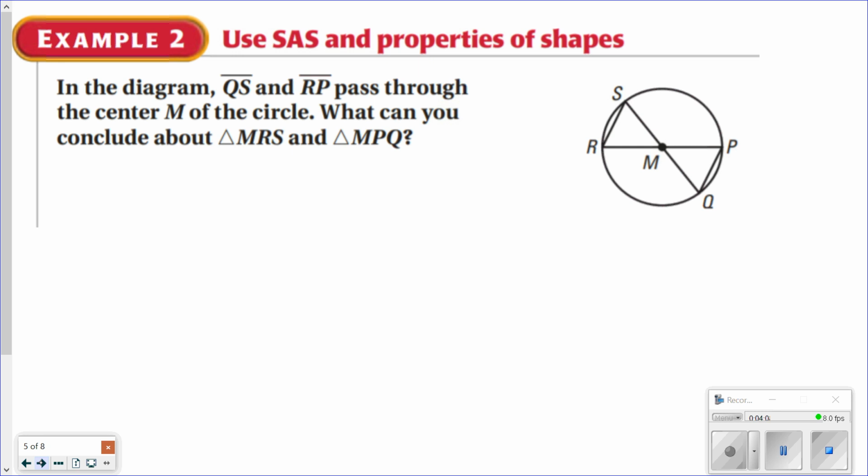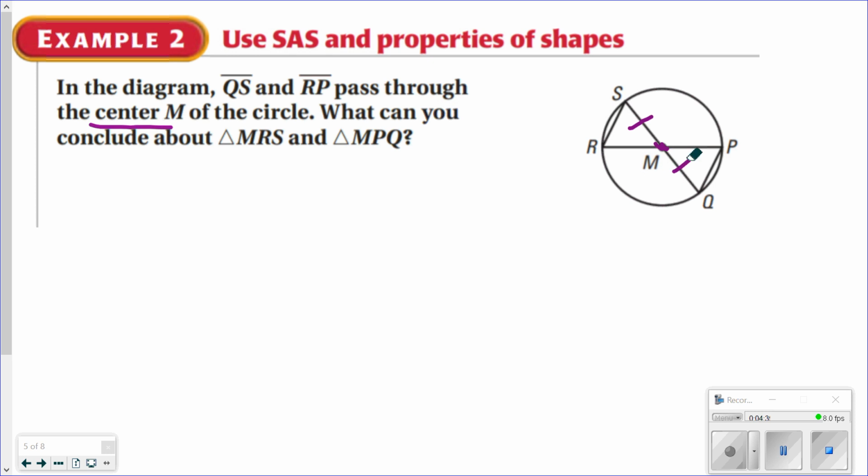Example 2. In the diagram, QS and RP pass through the center M of the circle. What can we conclude about triangle MSR and triangle MPQ? All right, so there's a few things. We know that M is the center, which means if M is in the center, it's going to cut SQ in half.